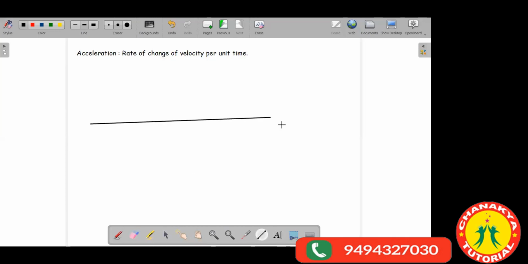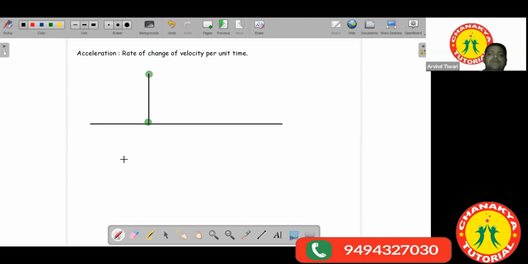So you have your ball falls down. If you observe this complete case, in the beginning, when the ball is dropped, it's not moving. When the ball is in our hands, it's not moving. So at this point of time, its velocity is zero.